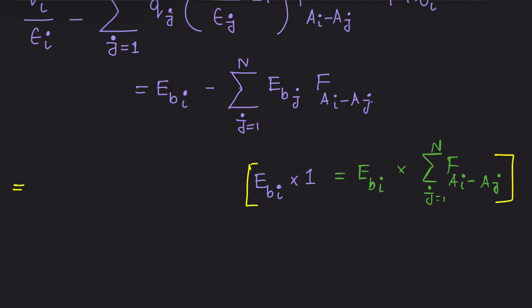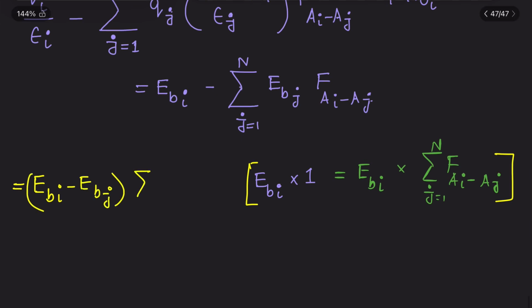and I can write this as EBI minus EBJ, common factor, I will write this. Okay, fine.